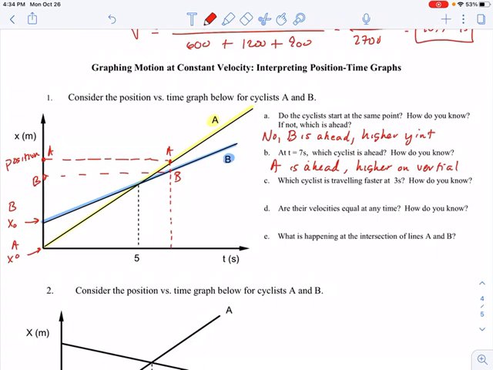Which cyclist is traveling faster at 3 seconds? Well, both of these cyclists have constant speeds, and A has a steeper slope and therefore is faster. Are their velocities equal at any time? No. The slopes are different.